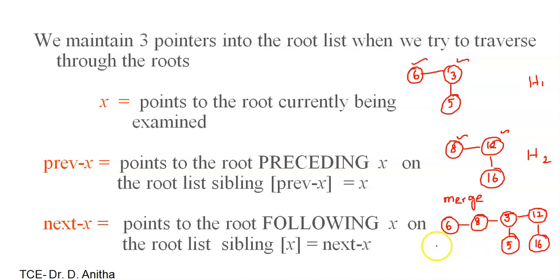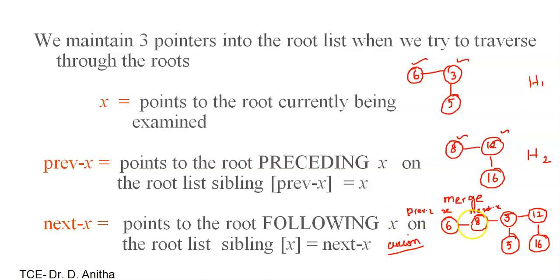So the merge operation does this. Now after merge, I have to do a union, because we know that in a binomial heap, no two trees should have the same degree. This is 0 degree, this is 0 degree. This should not happen, so I should be doing something. I am naming this as x and this as next x, and if I have anything before, I'll name it previous x.